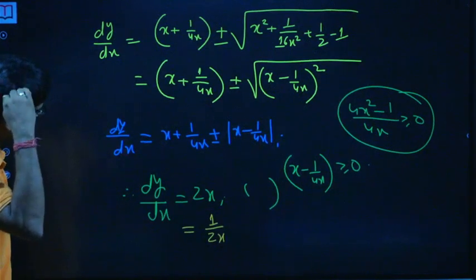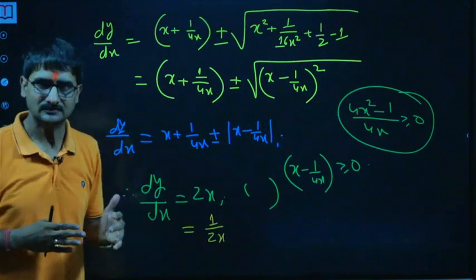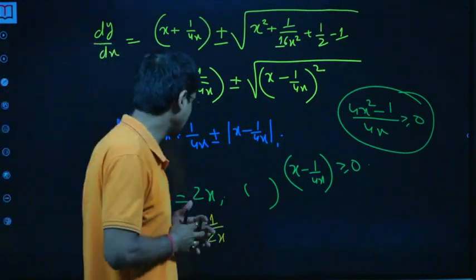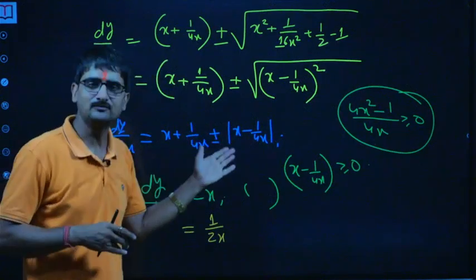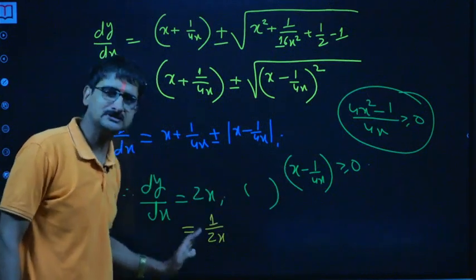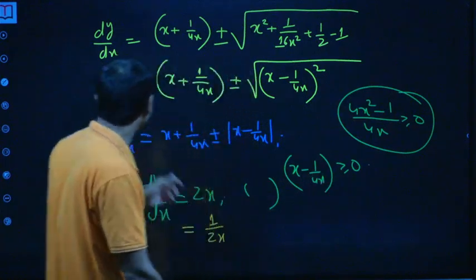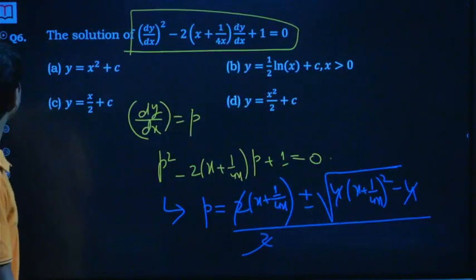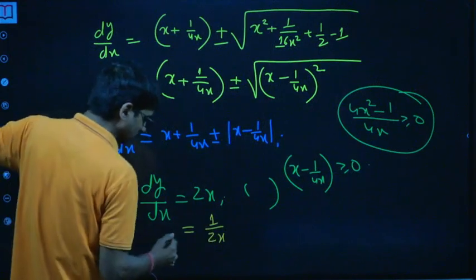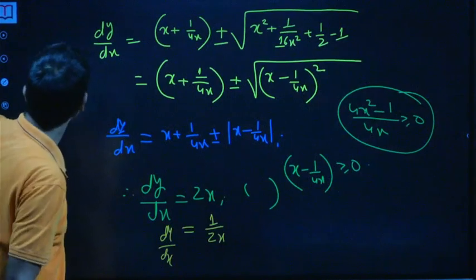The problem is there will be 4 such combinations, but I think you people are getting my point. When you remove mod, again there is positive and negative, so we'll get only these 2 possibilities, though we have to take care of the condition. But since there is no condition in the options, we can easily go ahead. So y is x square plus c, and here it is half ln x.